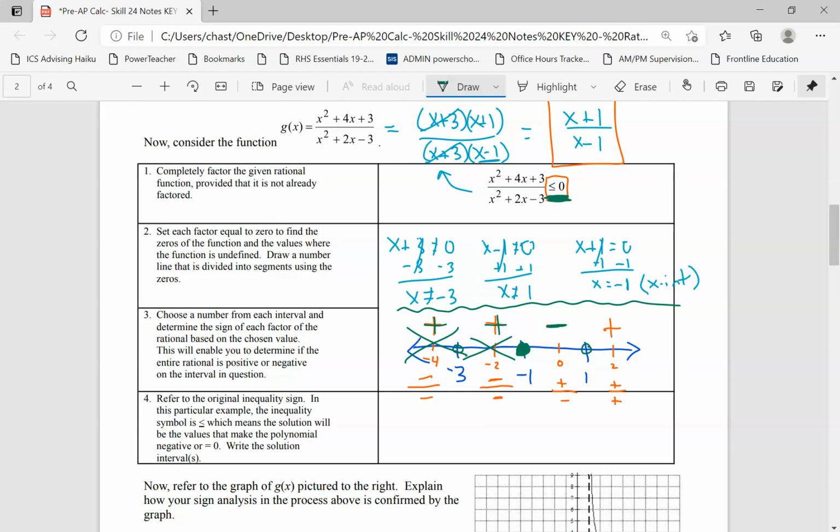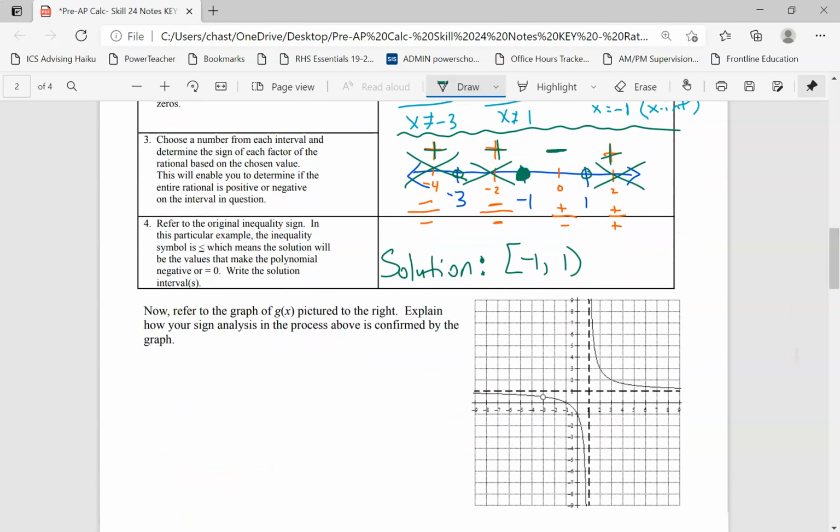This is a negative interval, so from -1 to +1 we'll have a solution. And from 1 on, that is a positive interval, so that one's out. So my solution that solves this rational inequality is the interval from -1 to +1. Okay, so that is how that is going to work.